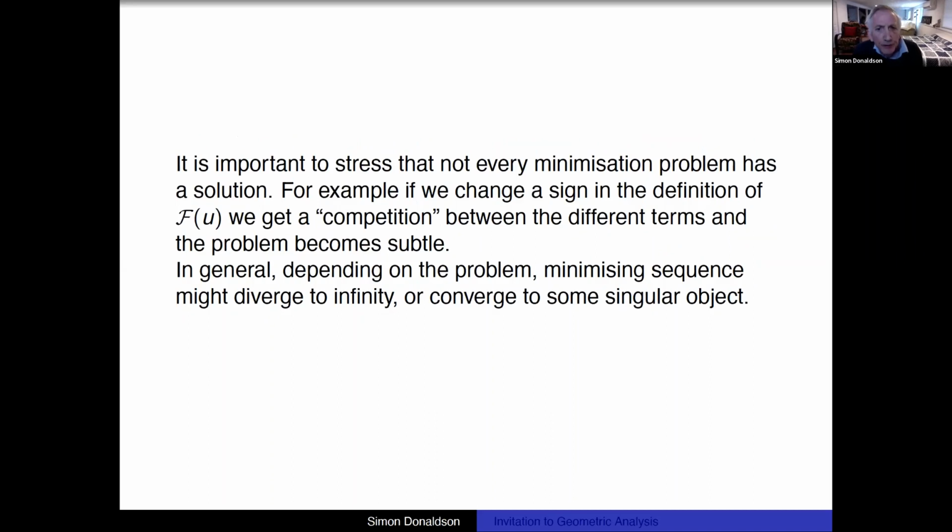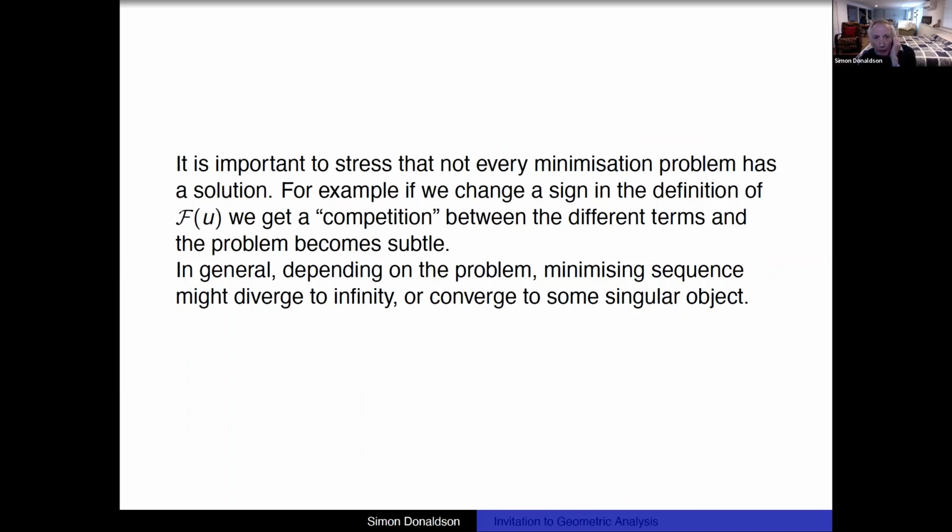But it's important to stress that not every minimization problem has a solution. It's not as though we just say, oh, we minimize a functional and then we can solve our PDE. Absolutely not. For example, if we change the sign in the definition of our functional, you can imagine we would get a situation where we have a competition between the derivative term and the algebraic term.